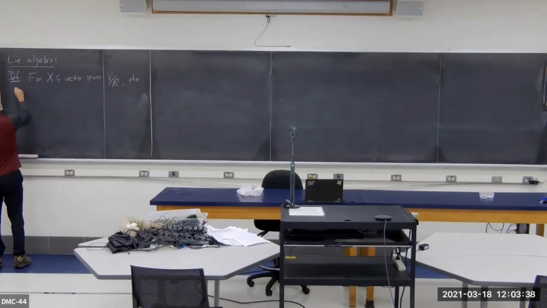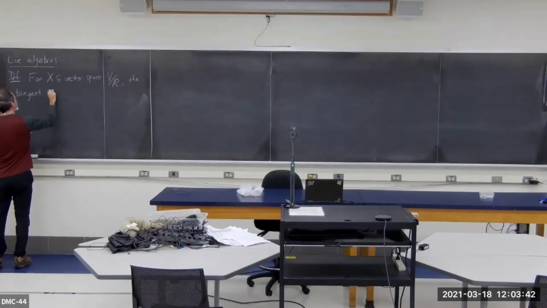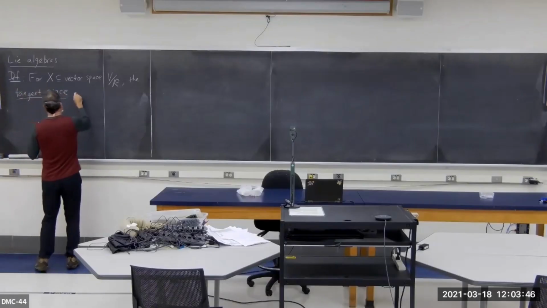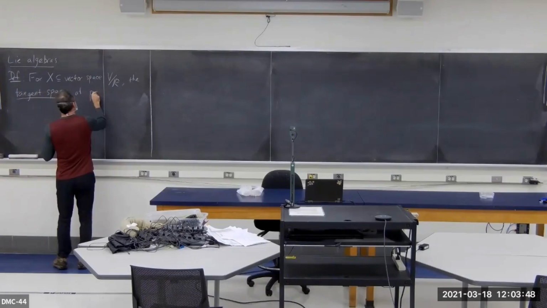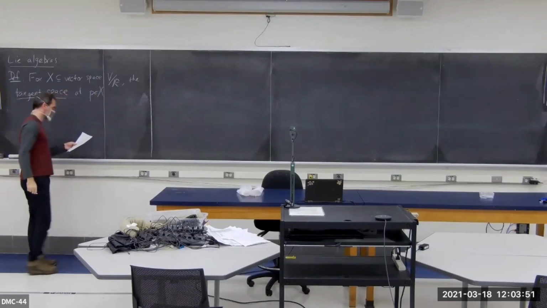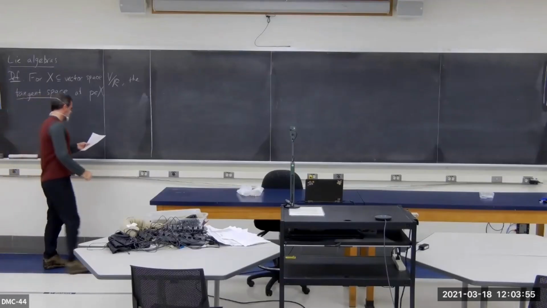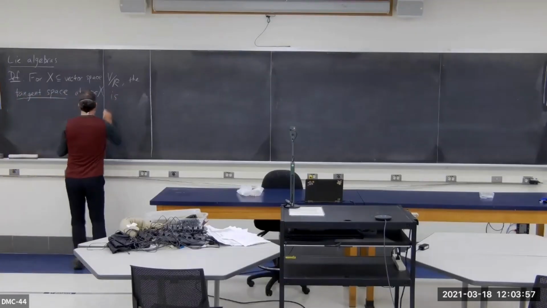So the tangent space at P in X. So P is a point of a subset. And that's going to be defined as follows.